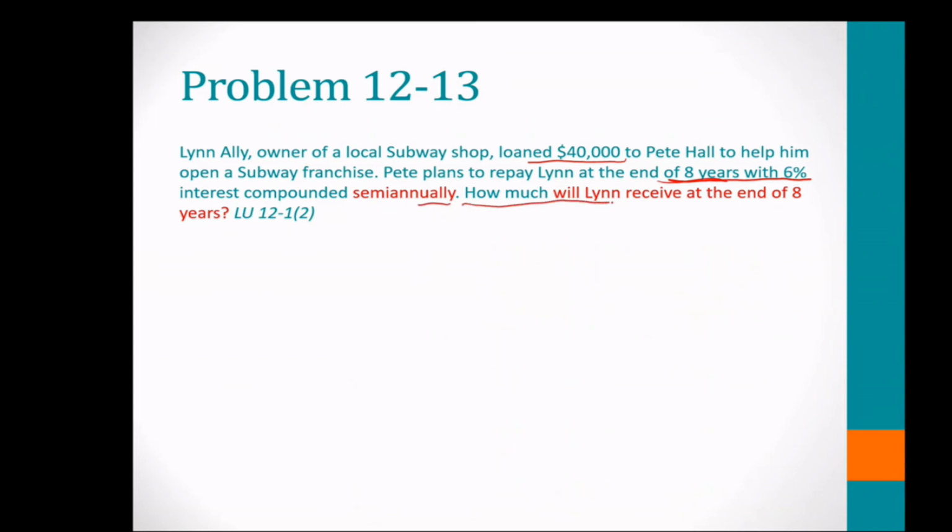How much will he receive at the end of 8 years? How many periods do I have? 8 years compounded semi-annually, 8 times 2, 16 periods. What is the rate? 6% divided by 2 is 3%.